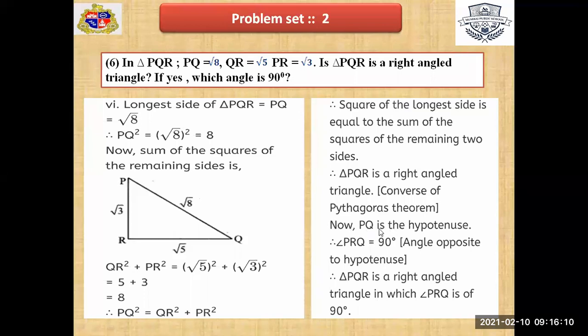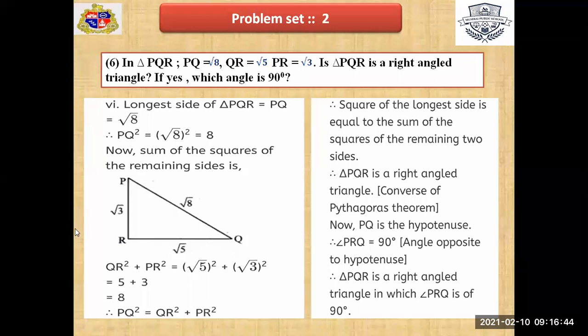So we find now PQ is the hypotenuse, because it's the longest side and hypotenuse square is equal to the sum of the squares of the remaining two sides. Therefore, angle R, the angle opposite to side PQ, is 90 degrees.